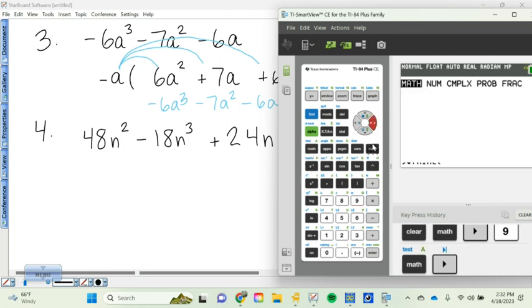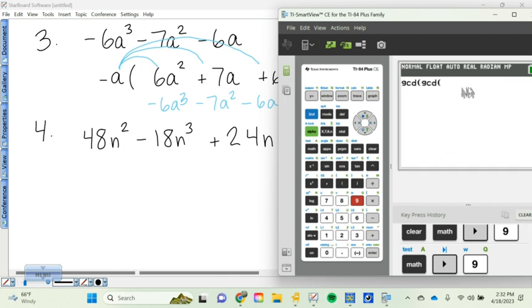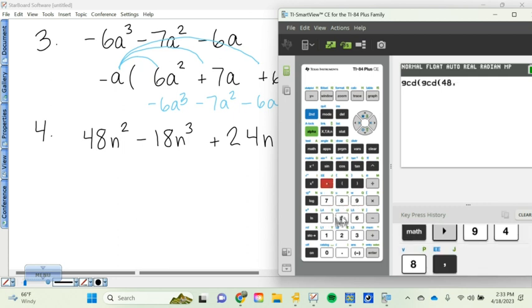Math, num, 9. In the first set of parentheses, we put the first 2 numbers. So 48, comma, 18, close parentheses, comma, 24. 6. Okay, so that's part of it.